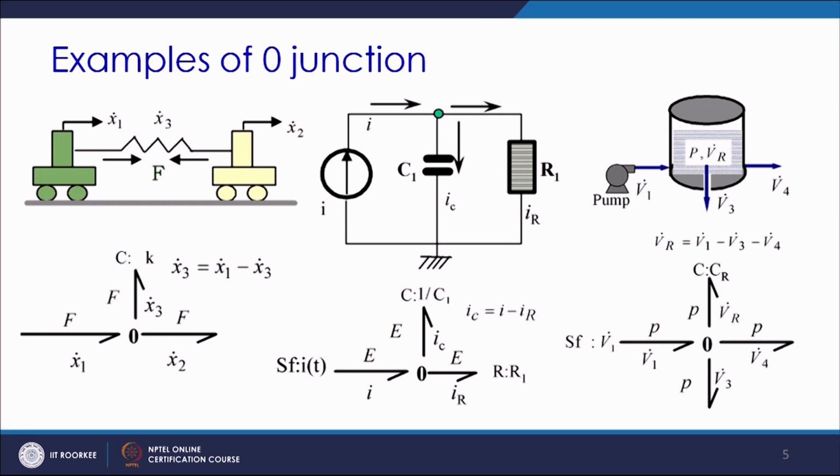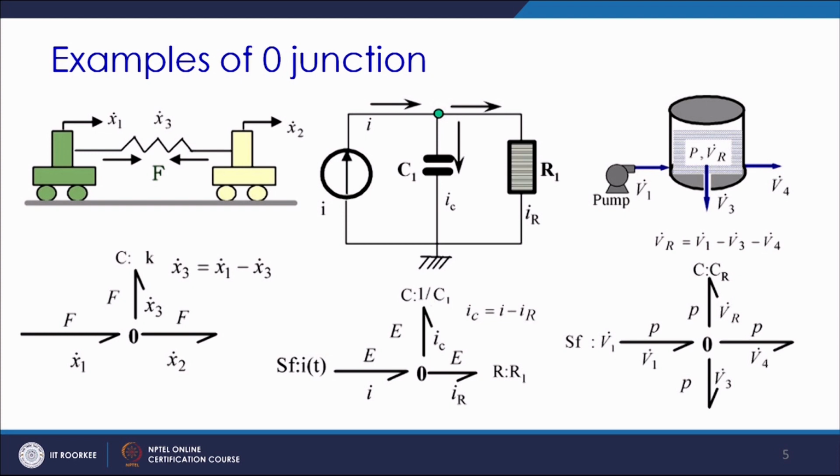Here one bond is for the velocity of the first cart, x1 dot, here you have the velocity of the second cart, x2 dot, and in between we have a spring. They are going to be connected through a 0 junction, because the effort is going to be the same through all these 3 elements. Otherwise I can say that this spring will always be subjected to the velocity difference of the 2 carts. So from here we can see x3 dot is equal to x1 dot minus x2 dot.